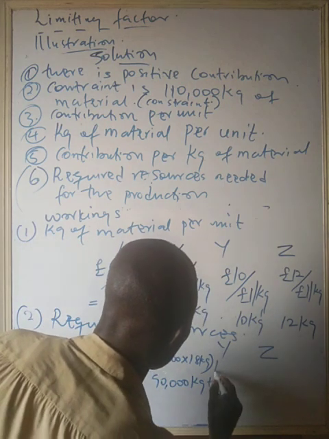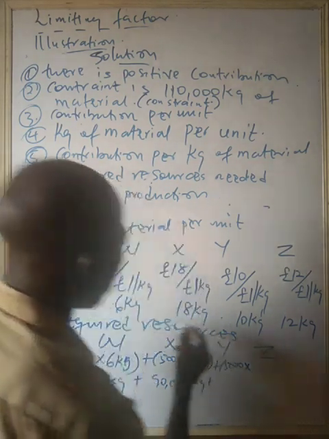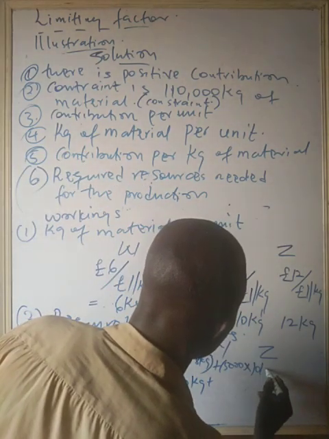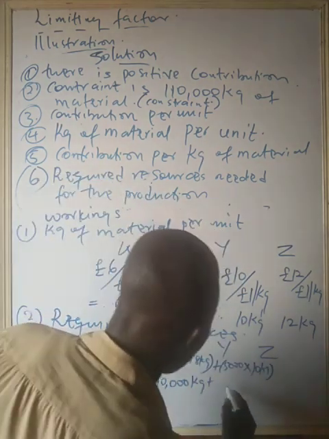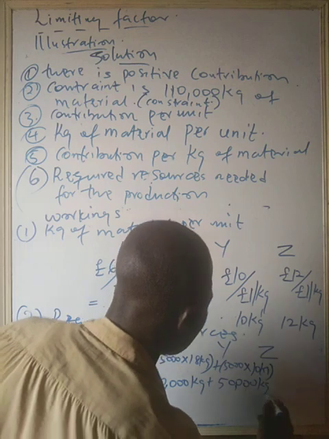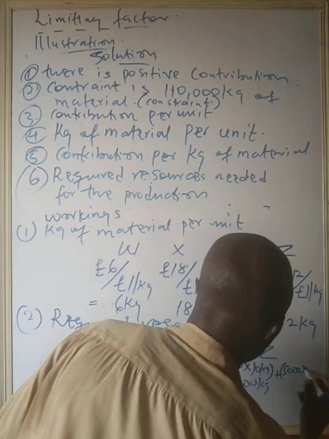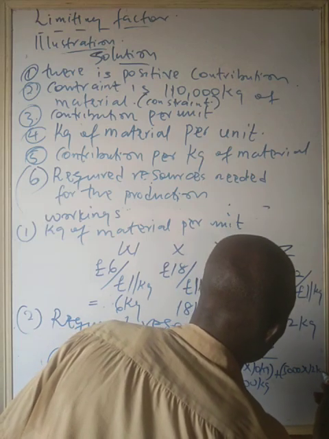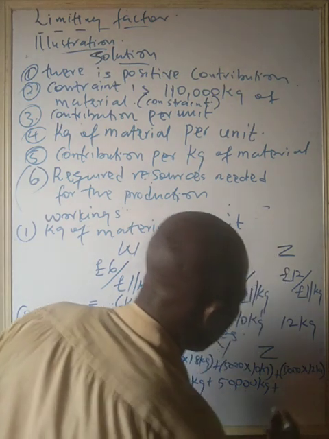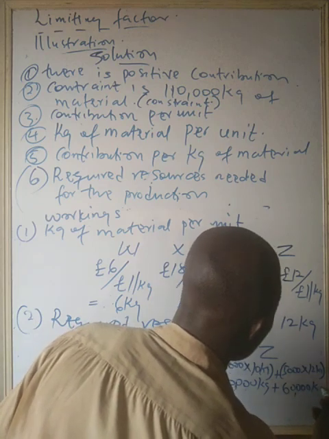Then plus 5,000 multiplied by the kg of Y, that is 10 kg, and that gives us 50,000 kg, plus 5,000 multiplied by 12 kg, and that gives us 60,000 kg.